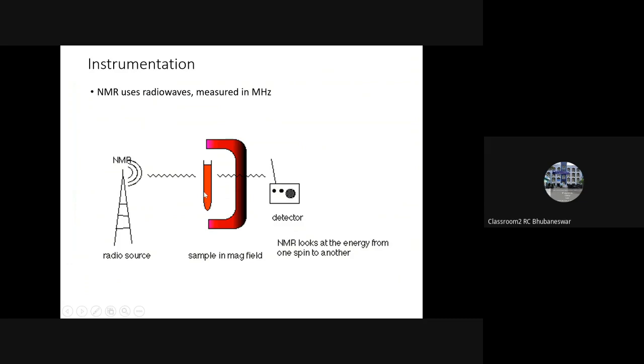In NMR spectroscopy, the sample is kept in a magnetic field region. Then you have a detector, then some output device to scan or get the spectrum. And it basically uses radio wave signals.